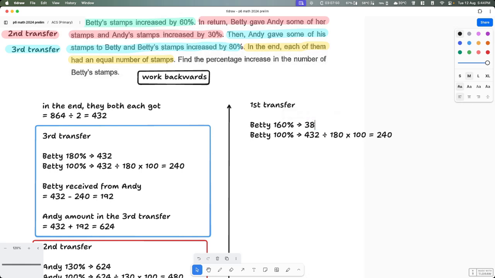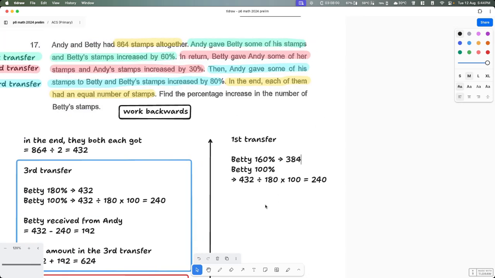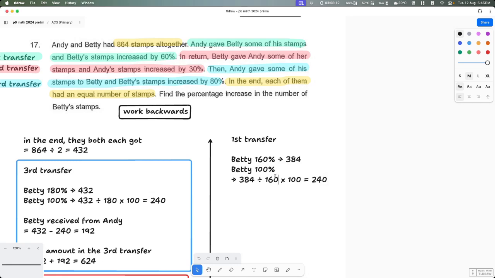So Betty's 100% is equal to 384 divided by 160 times 100. So 384 divided by 160 times 100 will give us 240 again.